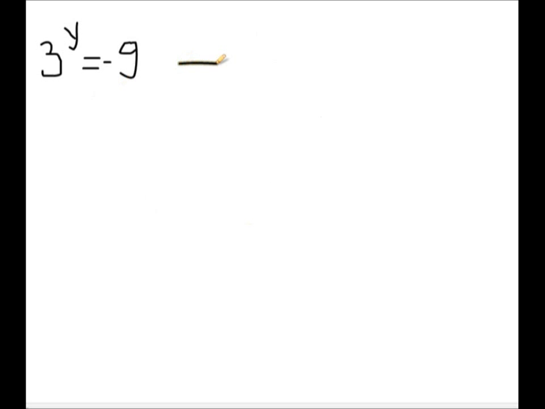The question is, to what power do I need to raise 3 in order to get minus 9? So this is like log base 3 of minus 9.